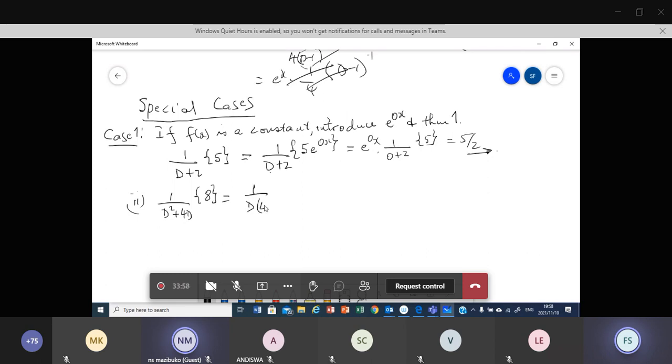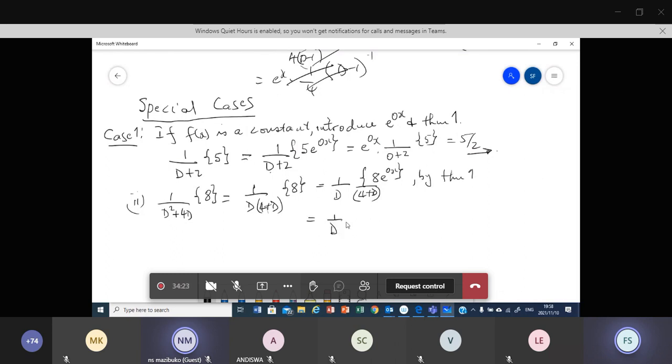Then we are left with 4 plus d into what? Into 8. Now focus on that. And this is a constant again. So it's 1 over d, keep it. Introduce what? 8 e to the power 0x over 4 plus d. Apply Theorem 1.